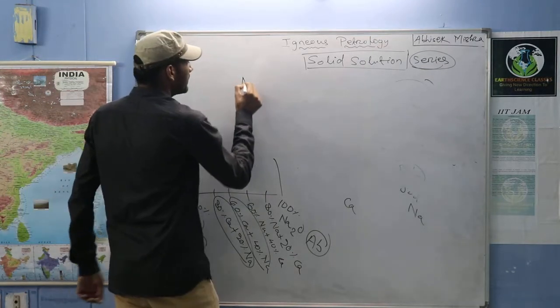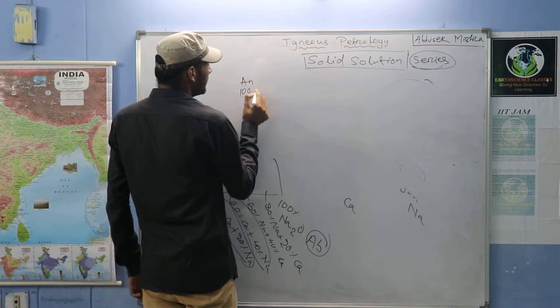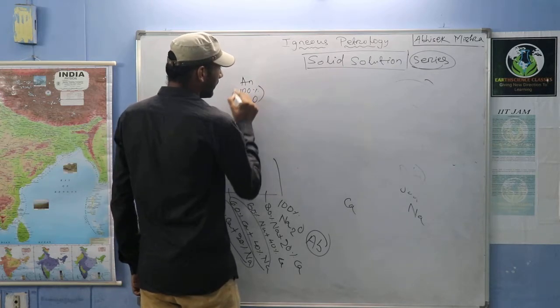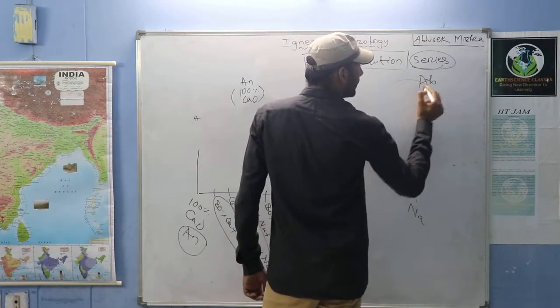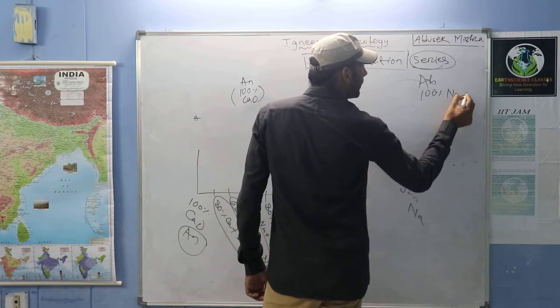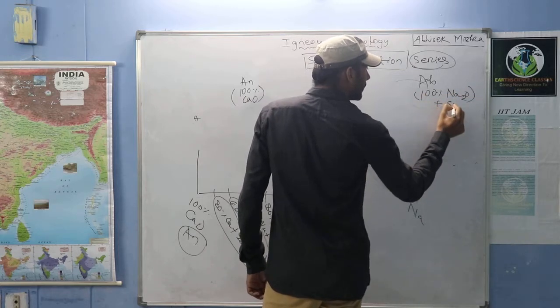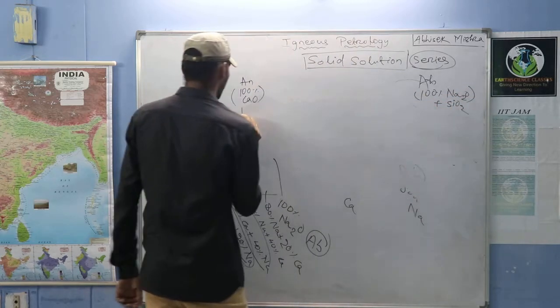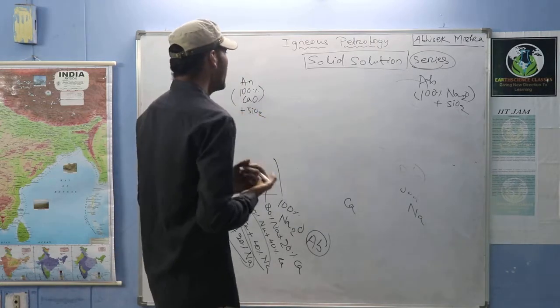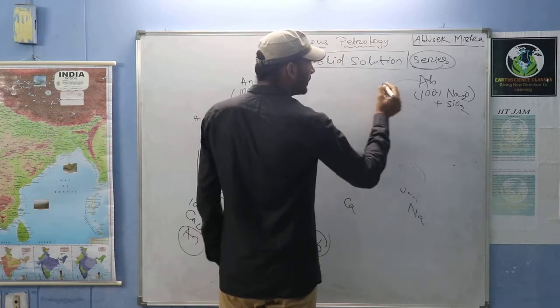So anorthite means it is 100% calcium, okay, and albite means it is your 100% sodium, plus silicate, right? Plus aluminum silicate. So in between that, what are the compounds?